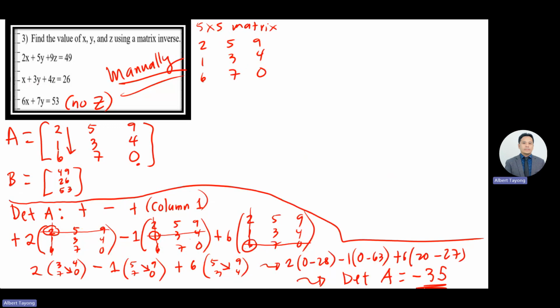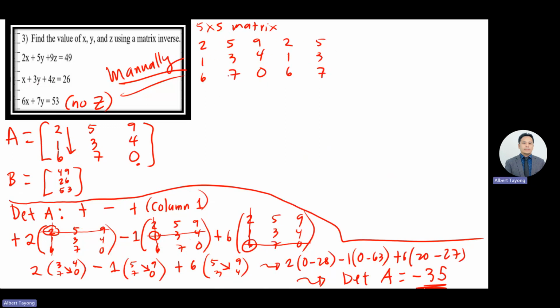This is the original matrix. As you can see here, our matrix A, 2, 5, 9, 1, 3, 4, 6, 7, 0. Now, to make it 5 by 5, we need to add 2 columns on the right and 2 rows below. So that means we're going to copy the first 2 columns. We have 2, 1, 6, 5, 3, 7.